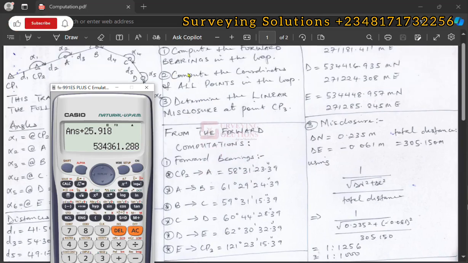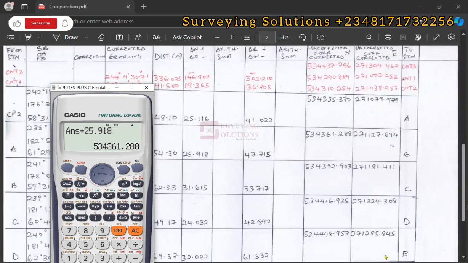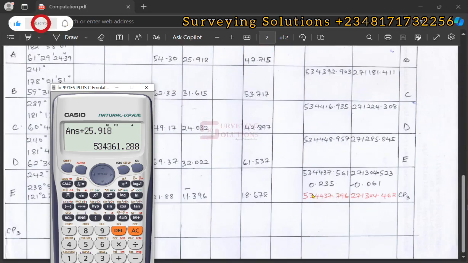Good. So the second part and the third part are actually together. In fact, they are all together, including the first part. So when you get to your closing control, comparing the computed and the given values gives you your misclosure.